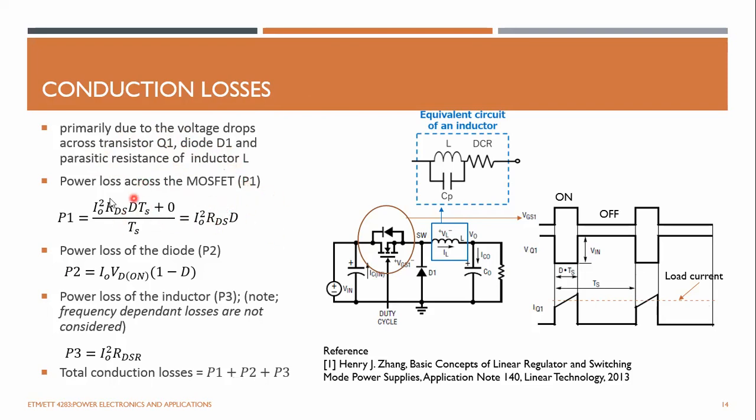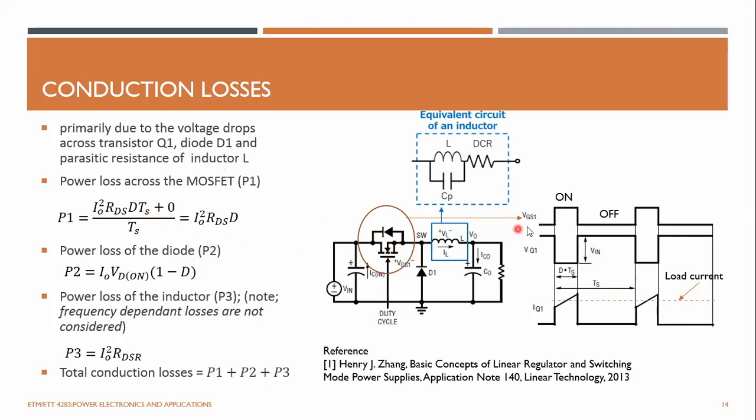So let's move back to the power MOSFET. This is the P1 transistor. Even though we have assumed it as an ideal switch, it has an internal resistance, which is RDS on, typically in the range of 10 milliohms to 100 milliohms. So the power loss can be calculated from this equation.